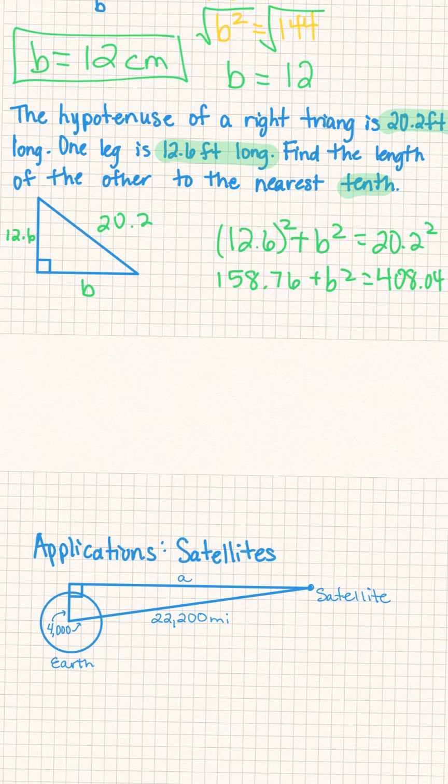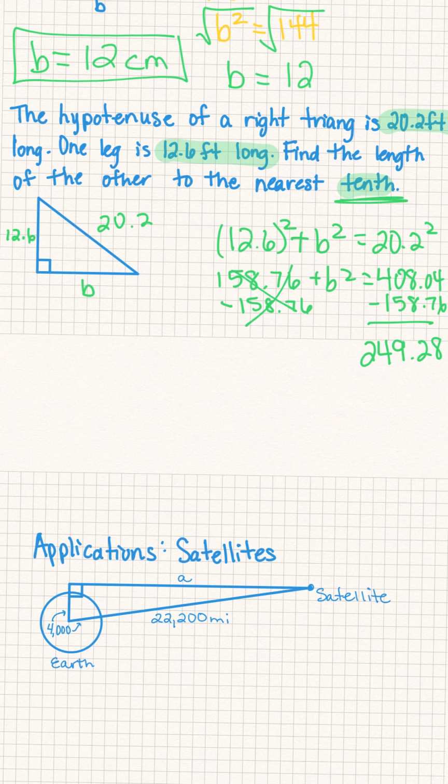We want b by itself, so we're going to subtract 158.76 from each side. Those cancel out and equal 0.